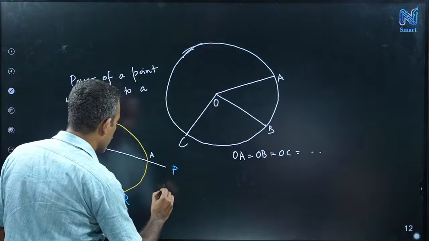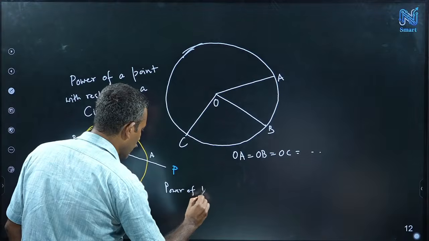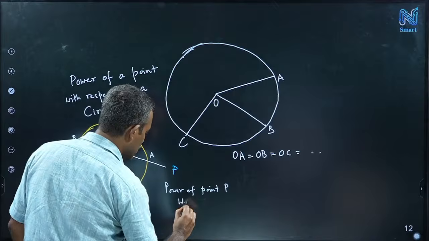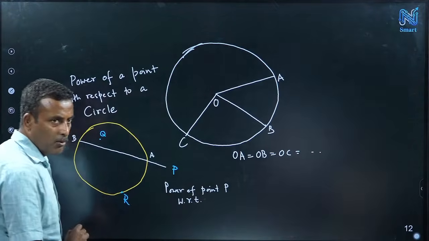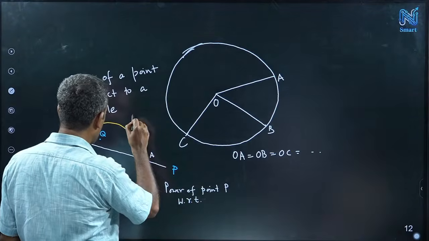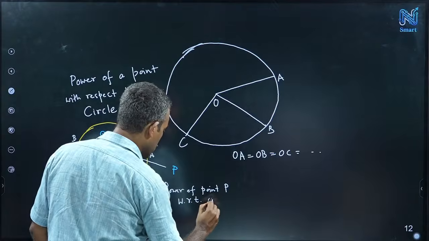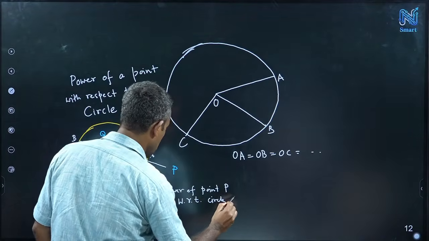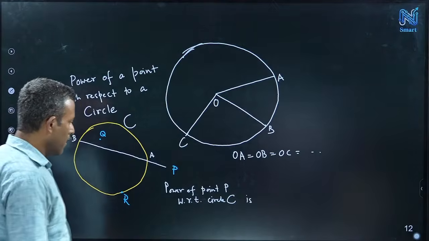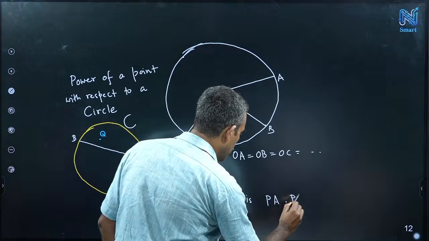Then the power of the point P with respect to the circle, with respect to is abbreviated WRT, say this circle is called big C. So with respect to circle C, the power is PA into PB.